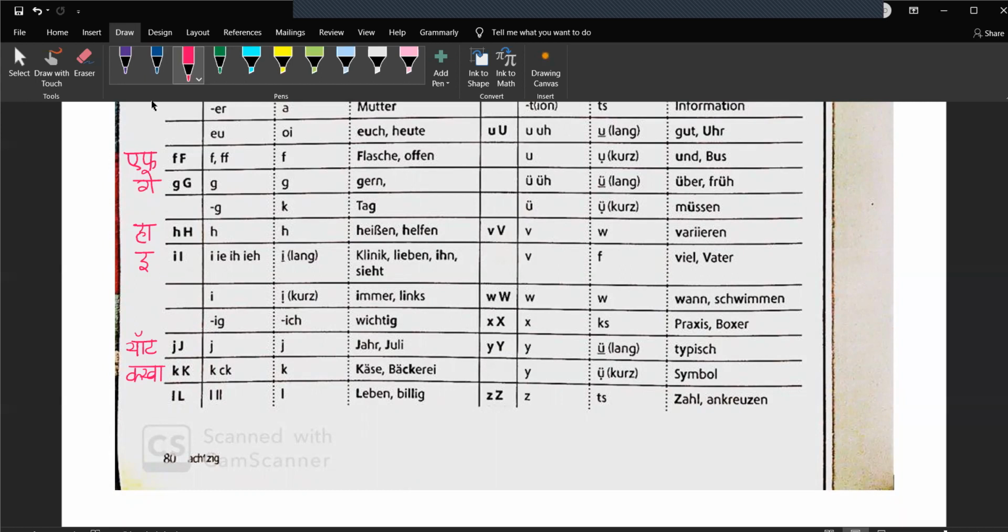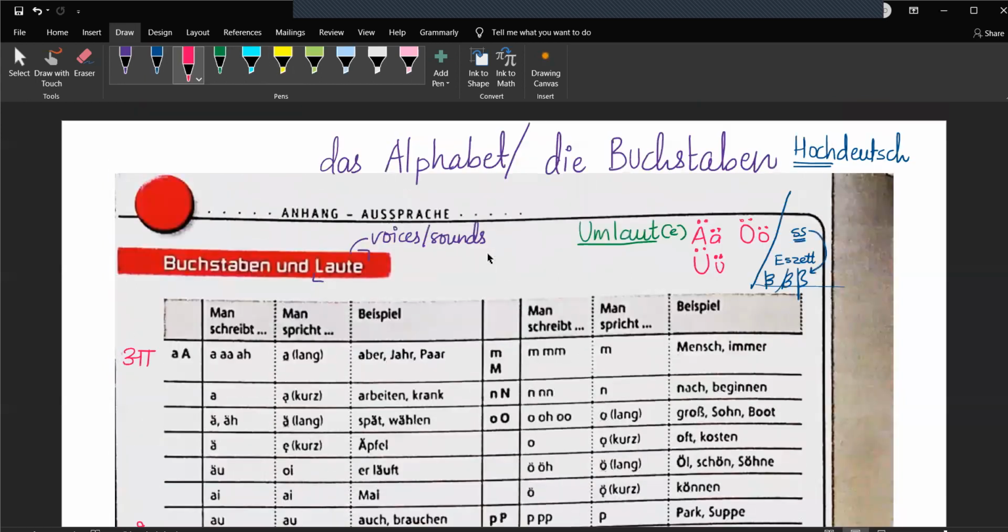It's in the middle. Then we have L, then M, then we have N.